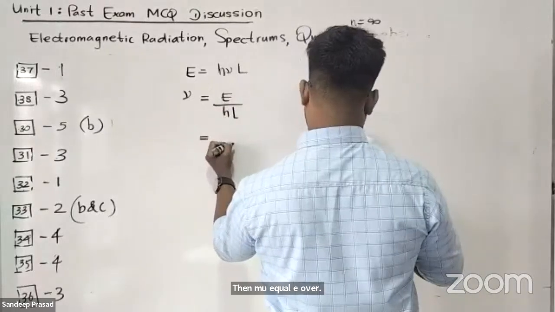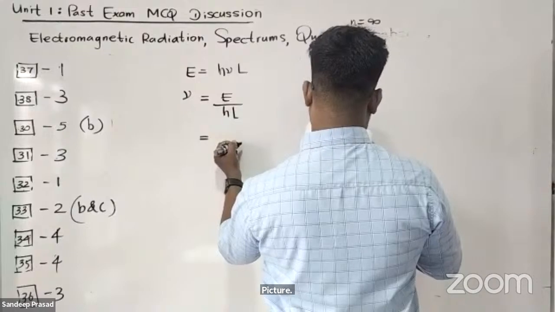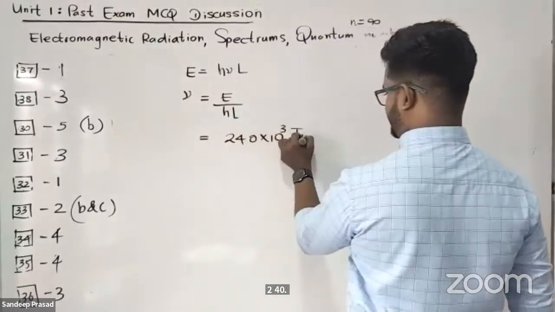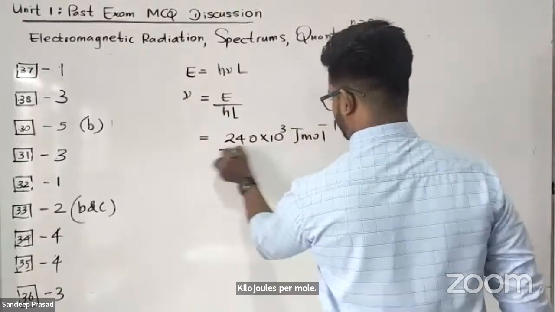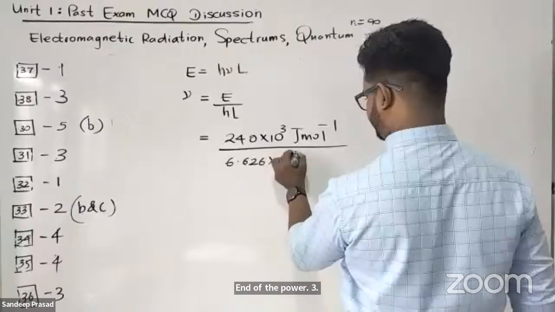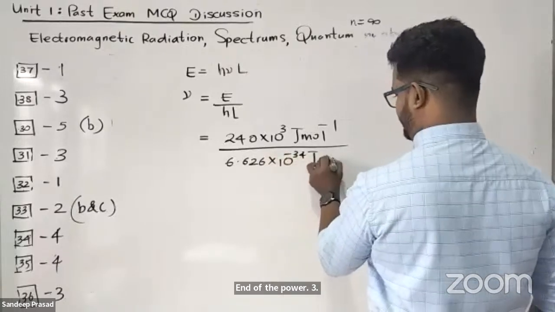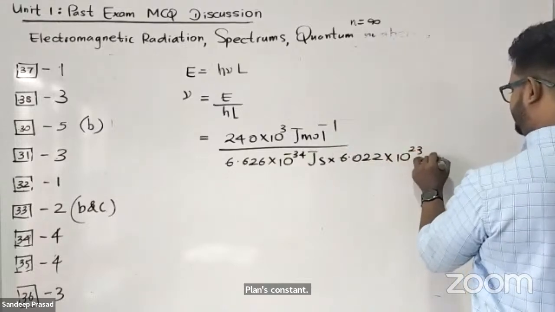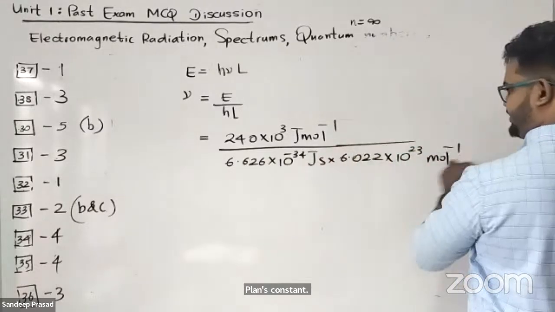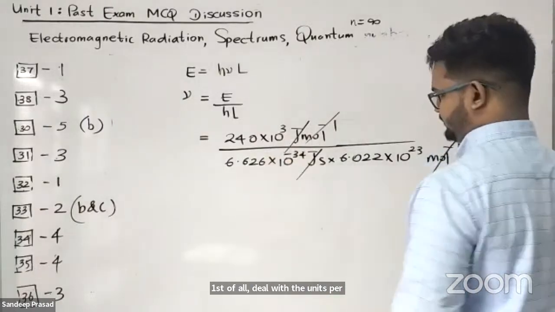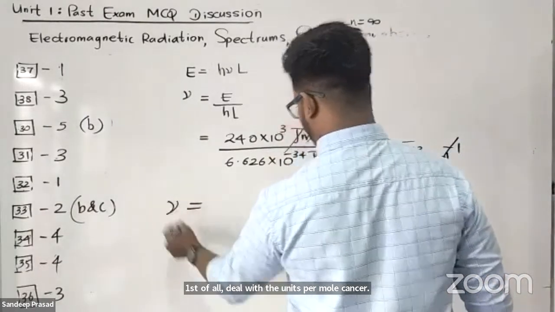What is the energy they have given? 240 kilojoules per mole, 10 to the power 3 joules per mole. Planck's constant, Avogadro 6.022 × 10 to the power 23. First of all, deal with the units. Per mole cancel off. Joule will cancel off. So frequency is obtained in per second.